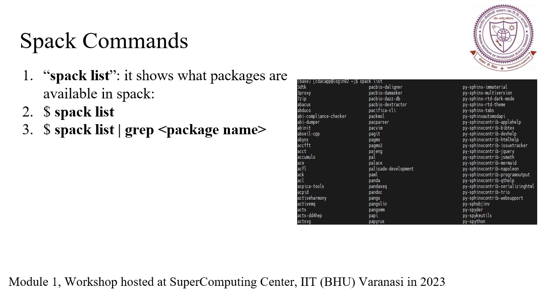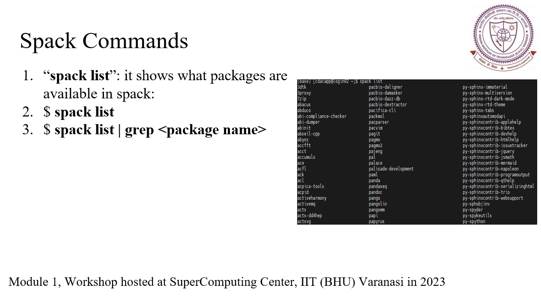You can also use the spack list command to filter the list of software packages. For example, to list all the software packages that contain the string gcc, we can do it by simply using the grep command. So we write spack list, then a pipe, then grep, and then the package name.